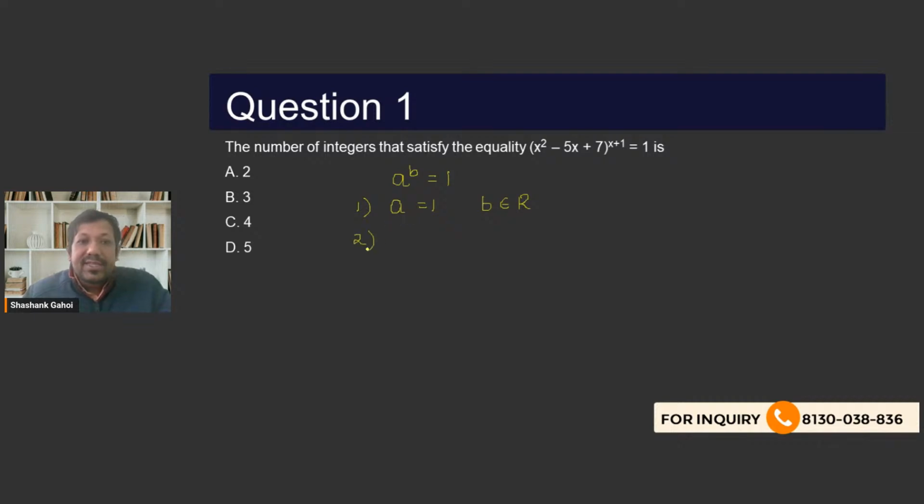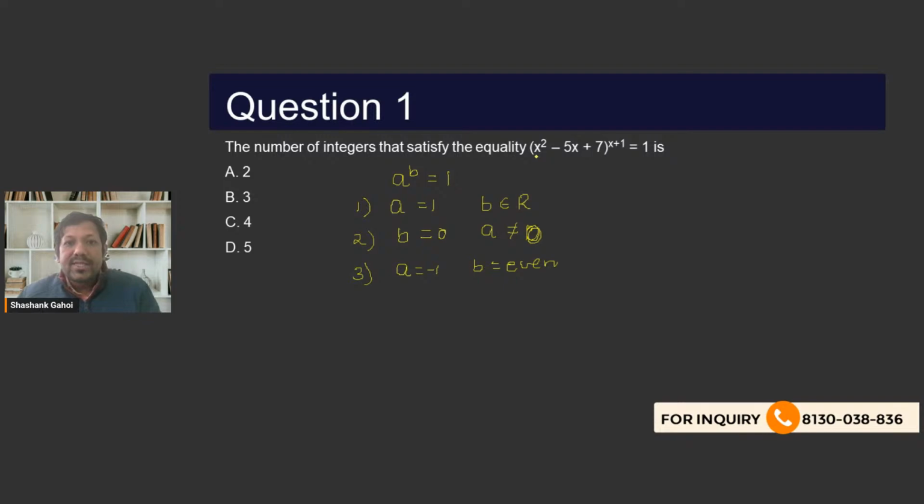The second inference is, if power is 0, then base cannot be equal to 0, because 0 power 0 is not defined. The third inference is, if base is equal to -1, then power has to be even. So these are the 3 inferences we discussed in the previous class. Now we are going to use them to solve this question.